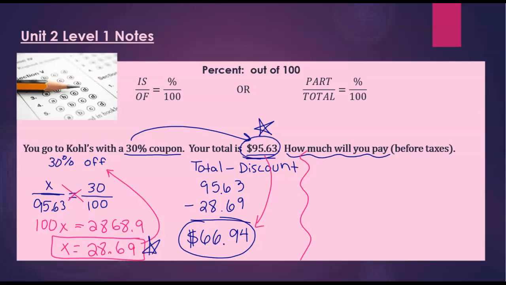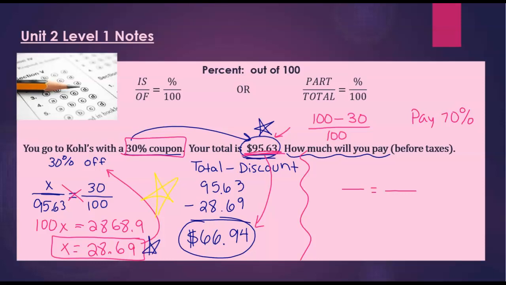Now, the other way of doing this is, instead of thinking about 30% off, instead of paying 100% of this bill, I'm actually going to pay for 70%. So it's a different way of thinking about this: this total, I want to know what 70% of that is, and that's how much I'm going to pay. Just remember, the first way always works.